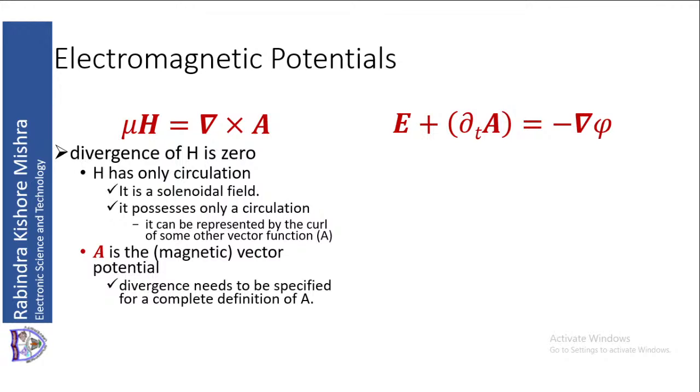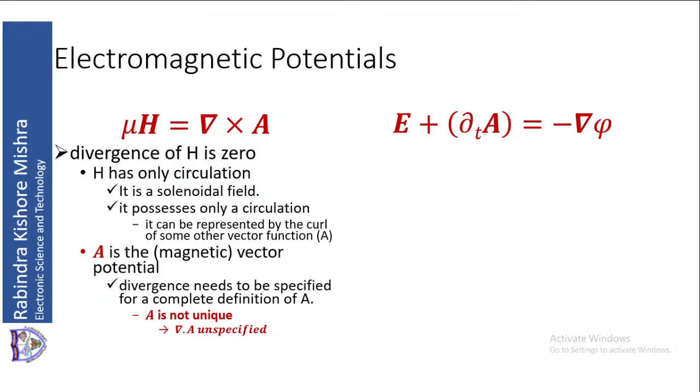The divergence needs to be specified for a complete definition of A. What does this mean? We now know that curl of A is equal to B, or curl of A is equal to mu H. But we do not know what is divergence of A. To specify A completely, we should know the nature of divergence of A also. Any vector is complete if we know its curl and its divergence.